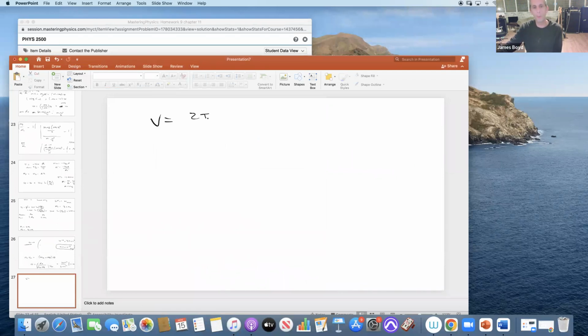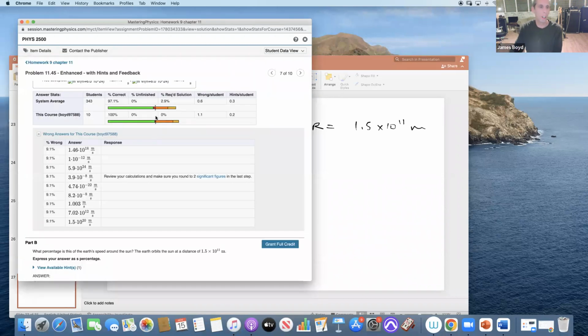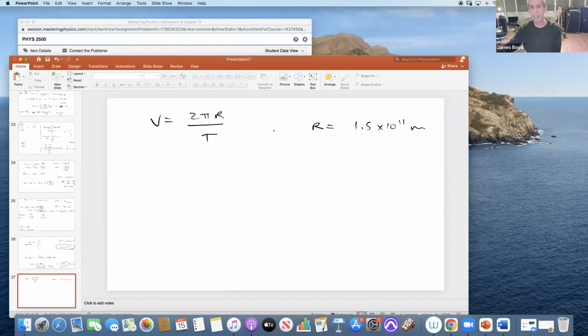V is 2 pi r over T. R is 1.5 times 10 to the 11th, it was given. That is an AU. T is pi times 10 to the 7 seconds. You can figure that out: 365 days times 24 hours times 60 minutes an hour times 60 seconds. You end up with around pi times 10 to the 7.